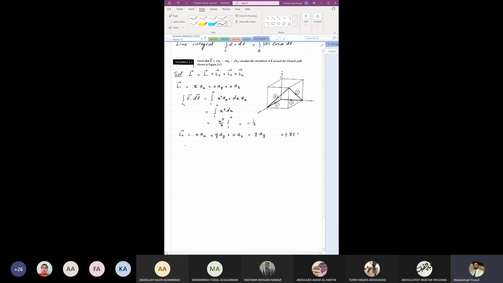So the integral along line 2 of the vector field dot dl.